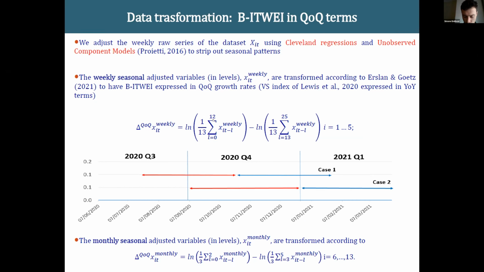Let me also tell you that while Stock, Mertens, and Lewis use their indicator as a weekly economic index that is comparable with year-on-year GDP growth rates, we do all this machinery following the work of colleagues Aprigliano, Arslan, and Goetz 2021 to have our index in a unit of measure that is handy for our purposes, namely expressed in quarter-on-quarter GDP growth rate.